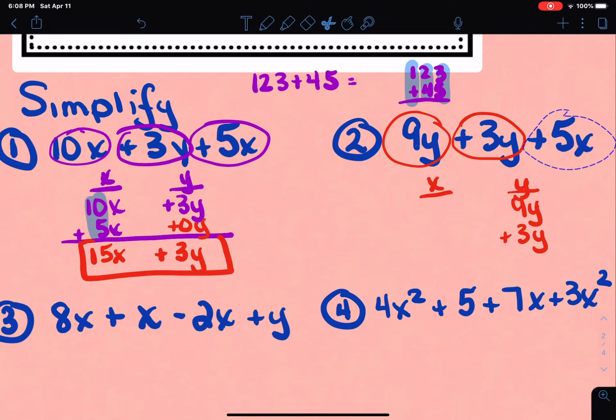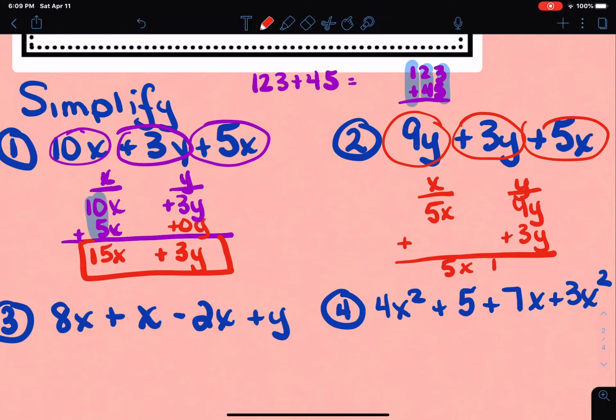Oops. Undo. There we go. Okay. The X column, I'm going to have 5X. So it's going to be 5X plus 12Y.